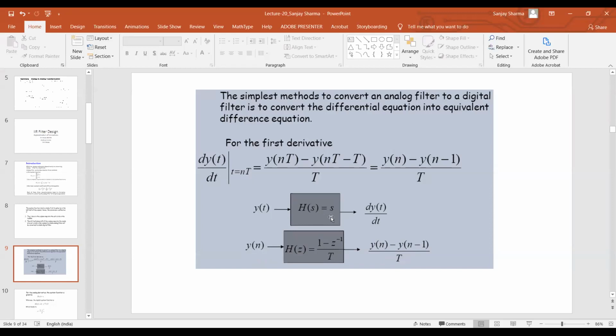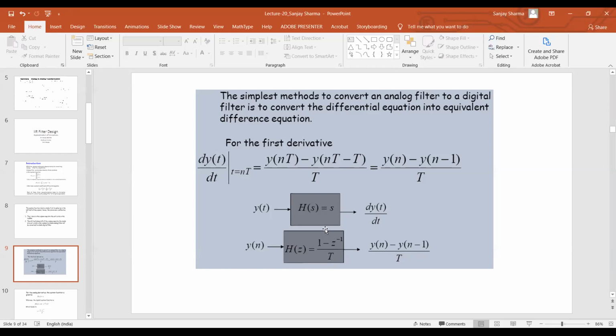And in the analog domain, if we pass y(t) through a transfer function with s as the transfer function, you will get dy by dt. So the s factor in the analog domain is equal to 1 minus z to the power minus 1 divided by T in the digital domain.